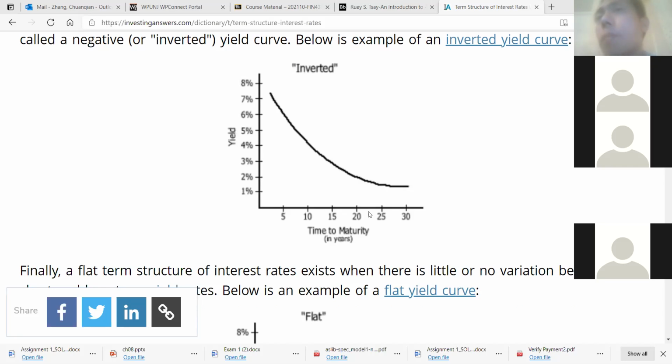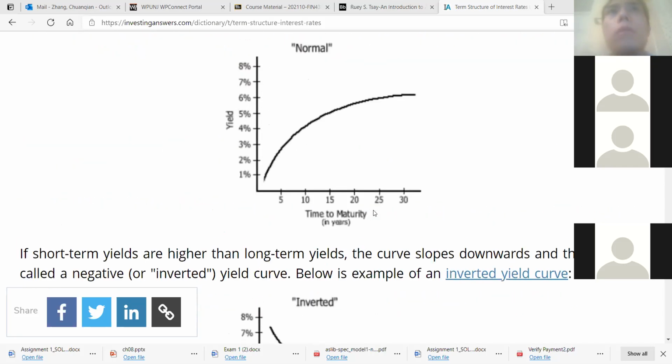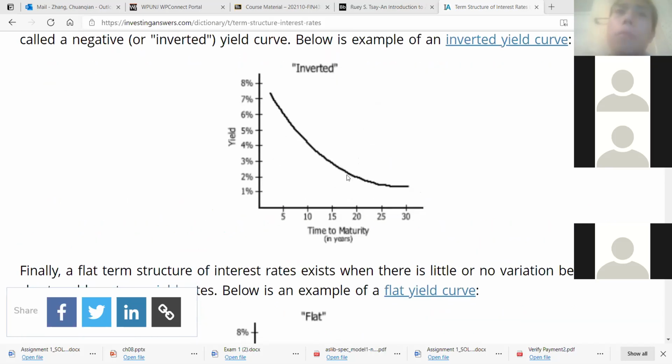Usually that's because people are very pessimistic about the future economic situation of the US, for example, right? Because this is normal: the longer the holding period, the larger the inflation will be. If you neglect the default chances, the only risk left will be inflation. However, sometimes people assume that after 10 years, the inflation is very, very low or even negative.